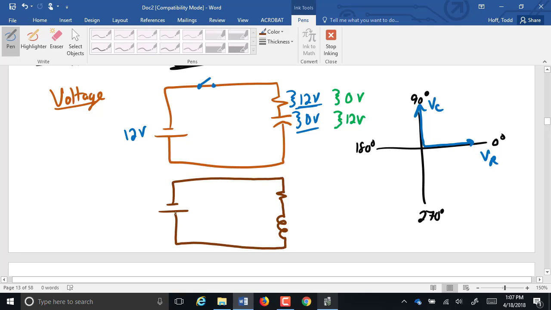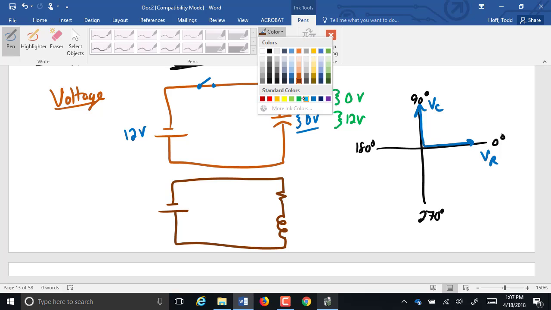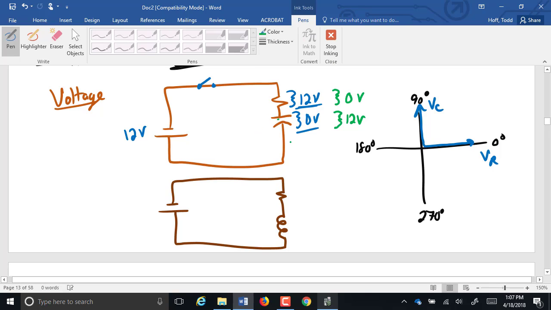In an inductor, however, it's not the voltage that builds. In the capacitor, the voltage started out at 0 and built up. In an inductor, it's not the voltage that builds. What builds in an inductor? An inductor resists changes in current, not voltage.